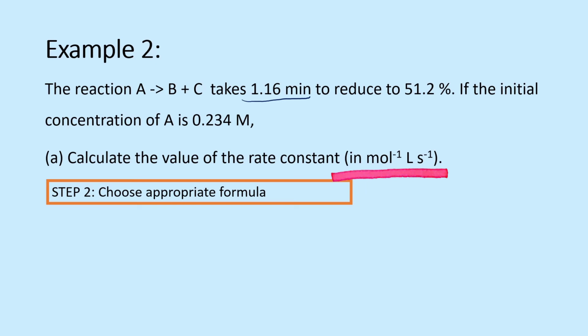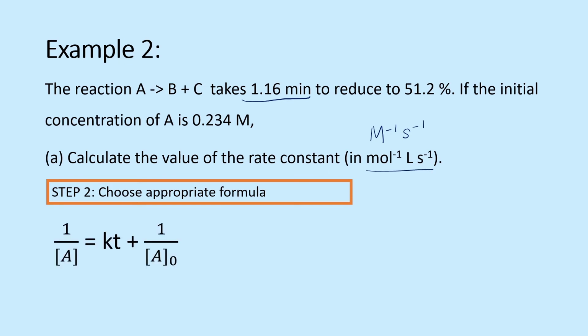This is equivalent to per molar per second, and this is equivalent to the unit for the rate constant of a second order reaction. Therefore, the most appropriate formula to use is the integrated rate law equation for second order reaction, which is 1 over the remaining concentration of reactant A equals the rate constant k multiplied by time plus 1 over the initial concentration of reactant A.